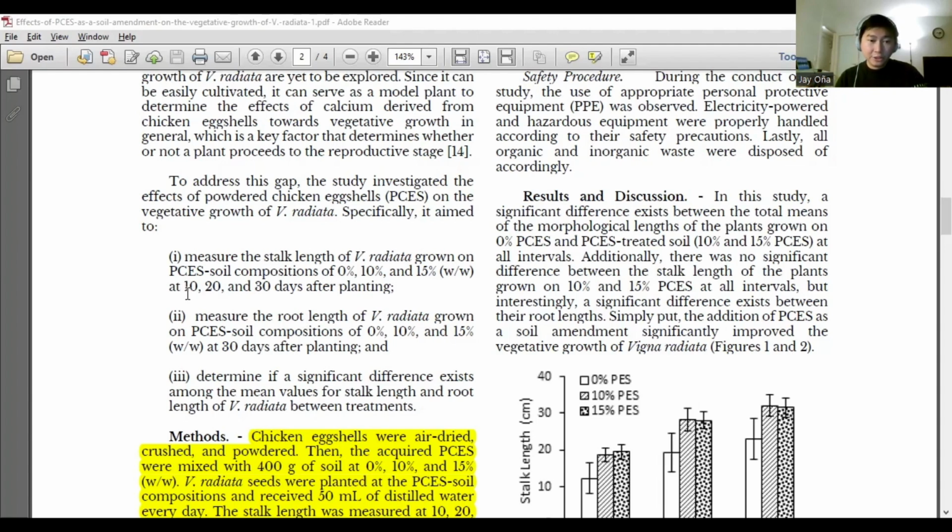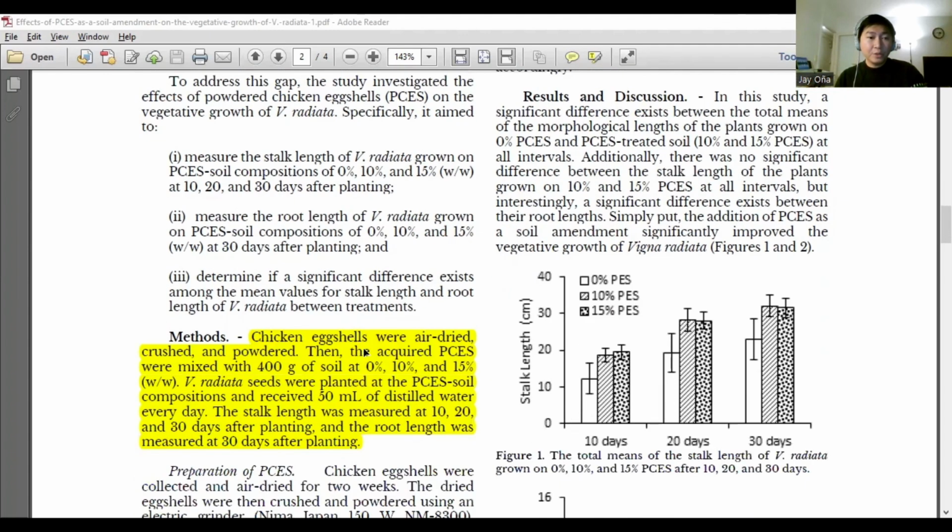And then they try to determine if there is significant differences among the stalk and root lengths in between treatments. So ito po yung mga research objectives nila, and then yung kanila pong experimental design is rooted on those research objectives.